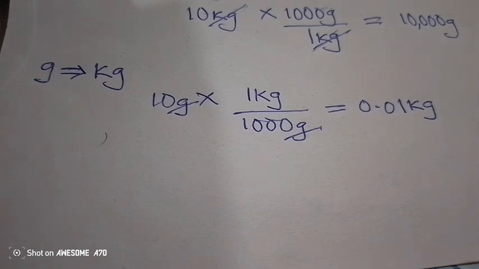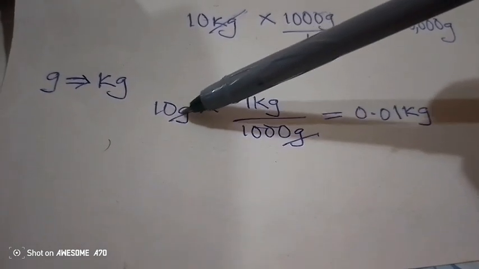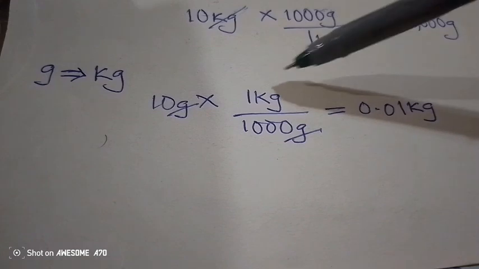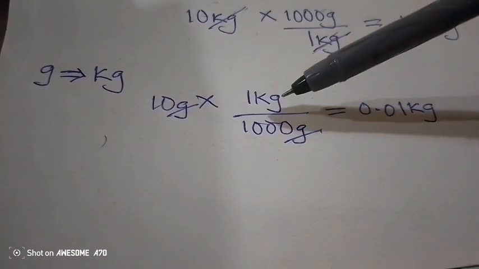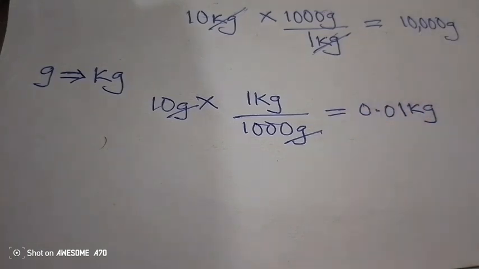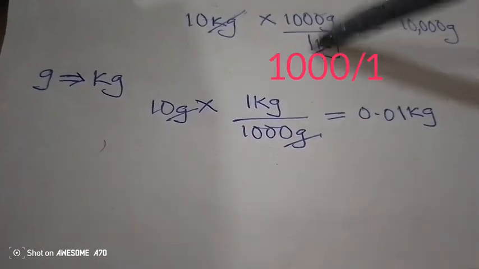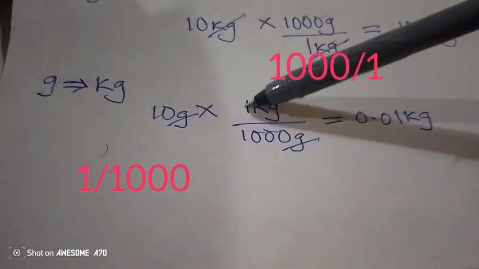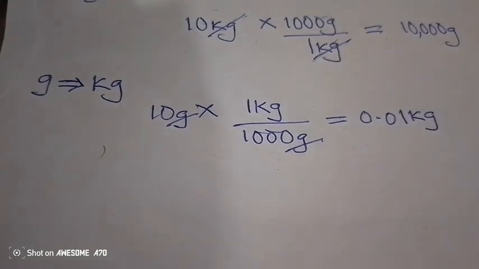In this case, the value we are converting once again is 10. Now, for the fact that gram is less than kilogram, we inverse the conversion factor as obtained here, and we say 1 over 1000. That is your conversion factor.